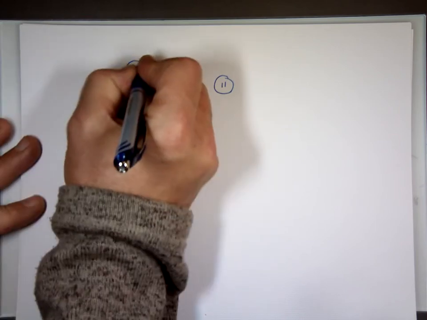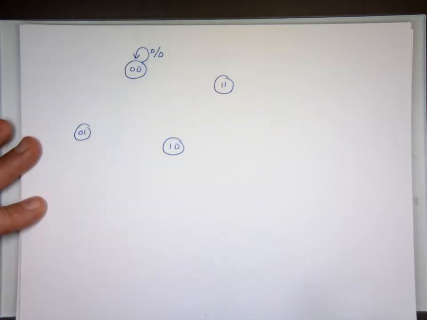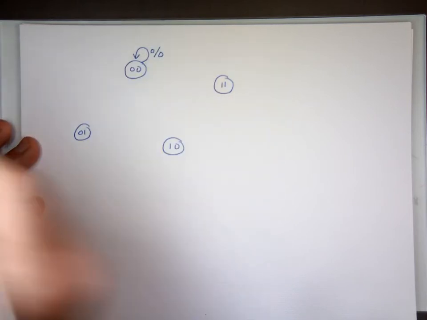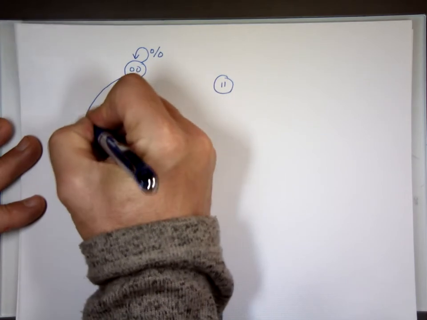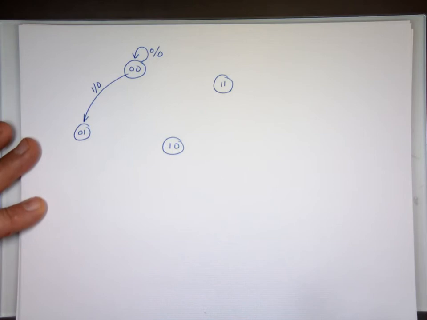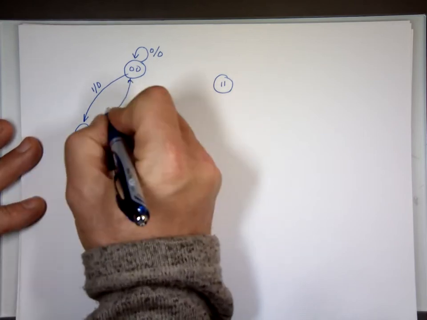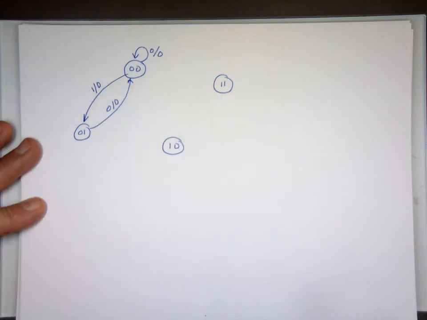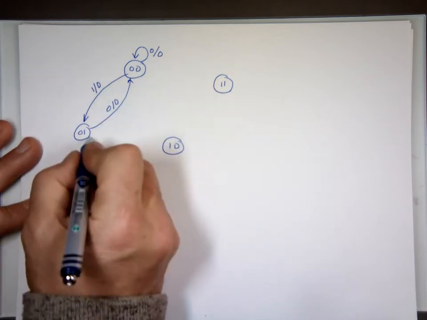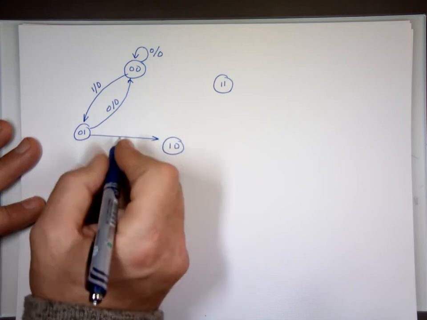If my input is 0, stay there, my output is 0. If my input is 1, I go to this, my output is 0. If my input is 0, I go right here, my output is 0. If it's 1, I go here, my output is 0.